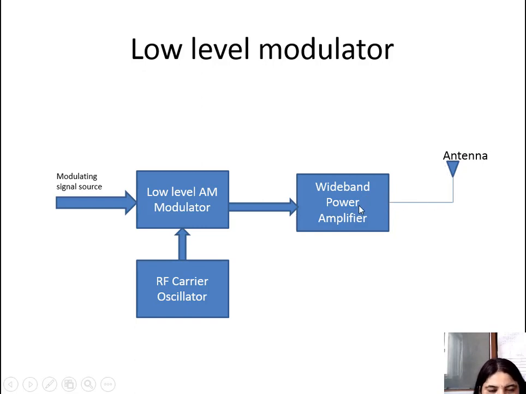This way the generation of the AM wave takes place at the low power level, and the generated AM signal is amplified using a chain of linear amplifiers such as class A, class B and class AB amplifiers, which can avoid waveform distortion. At this level the efficiency is not very good for such a modulator.